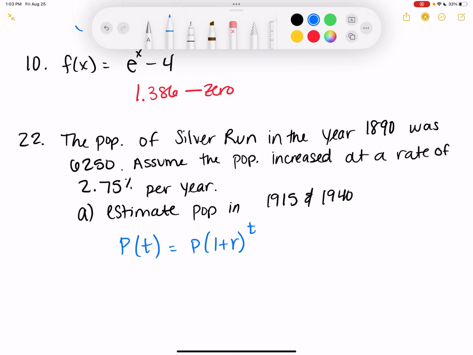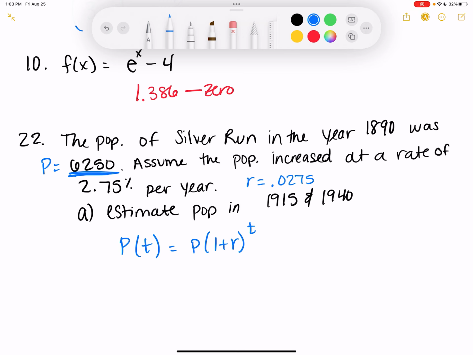Right, so we gotta change R into a decimal. So R would be what? 0.0275. Yep. And then I want to estimate the population in the year 1915 and 1940. This P is our principal amount, which is our initial population, 6,250. Then there's R. T is going to be in years.